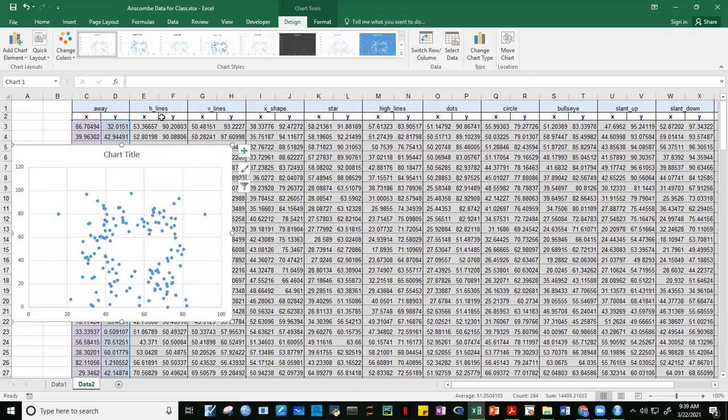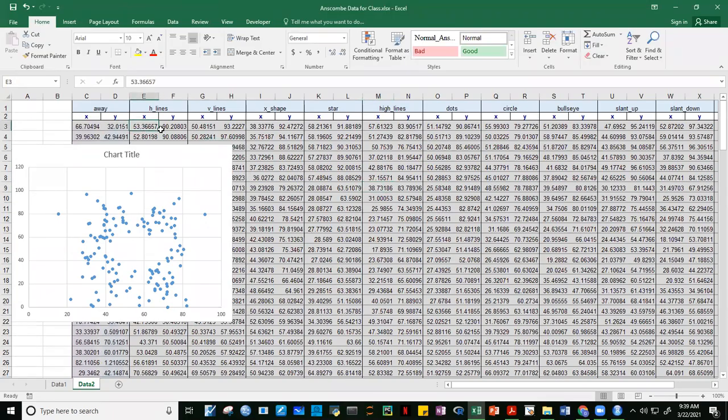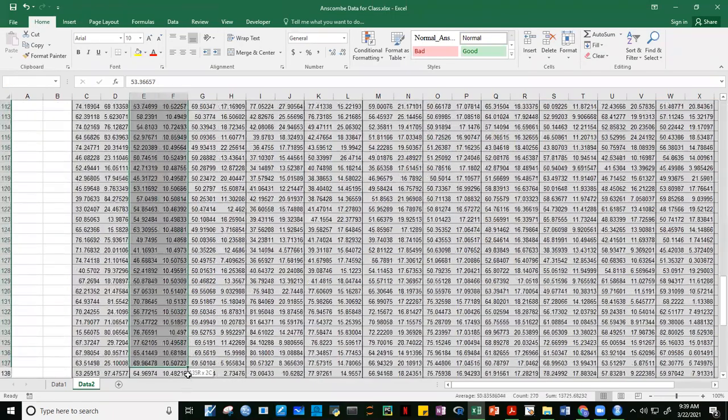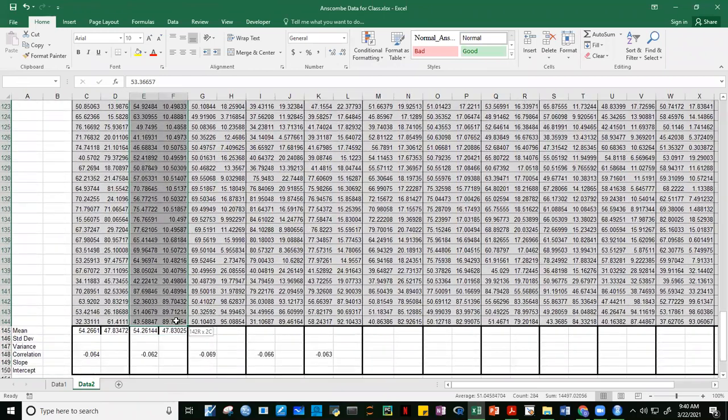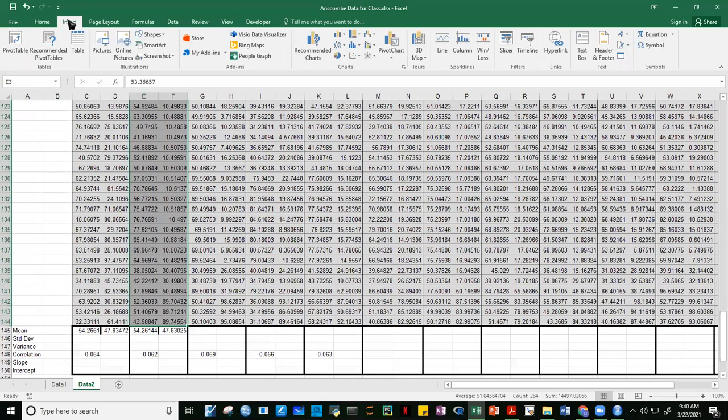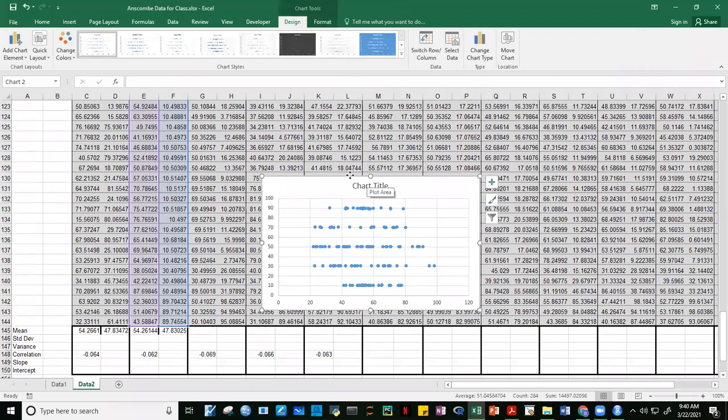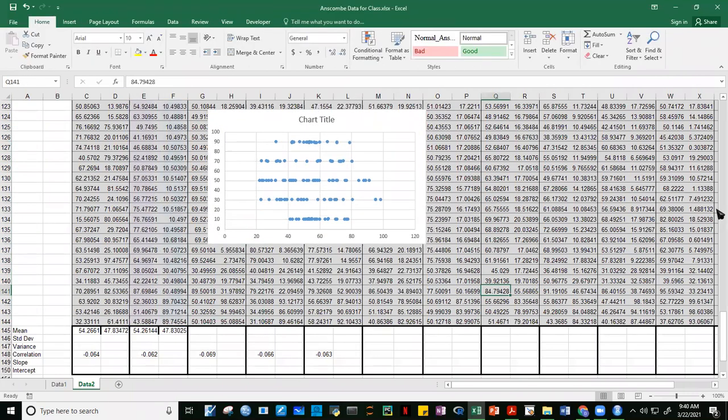And then you have the second pair, horizontal lines. So let me once again highlight this, insert, okay, horizontal lines.